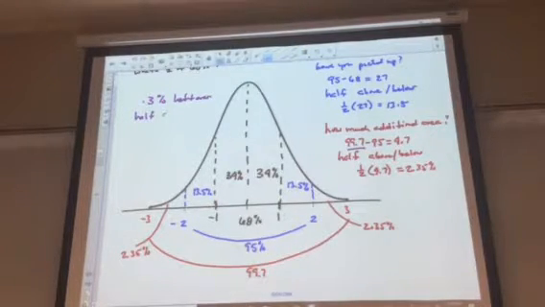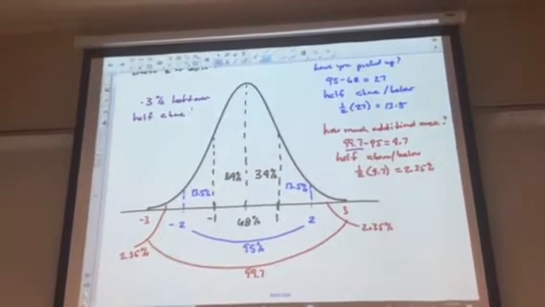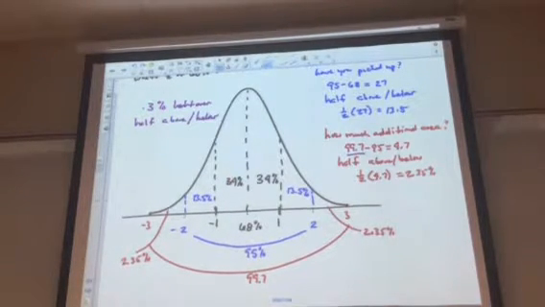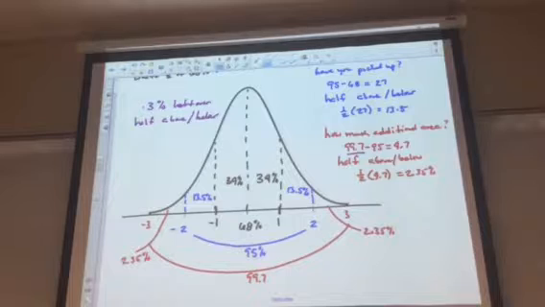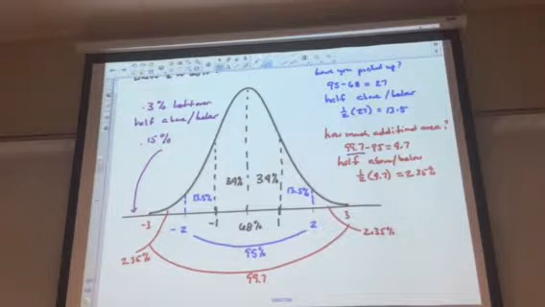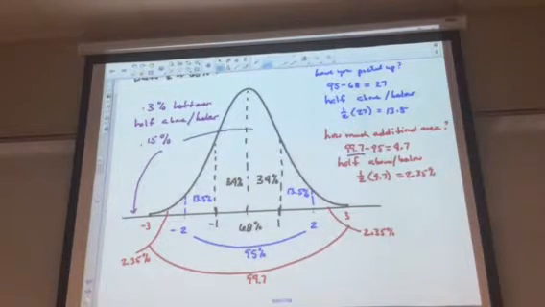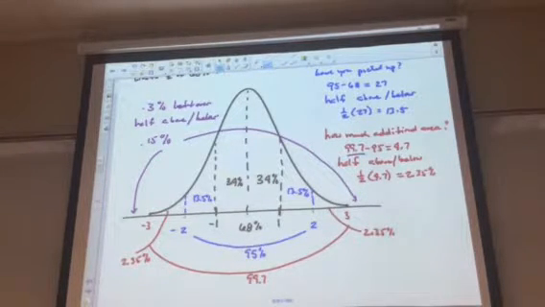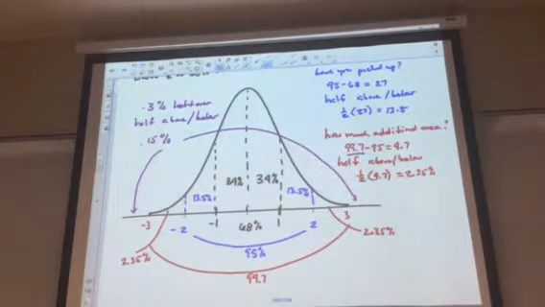Half of that is above, half of that is below, therefore 0.15% beyond -3 standard deviations and 0.15% beyond +3 standard deviations. Now we've accounted for 100% of the data.